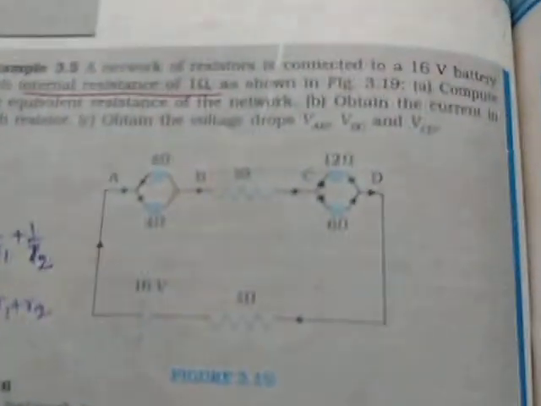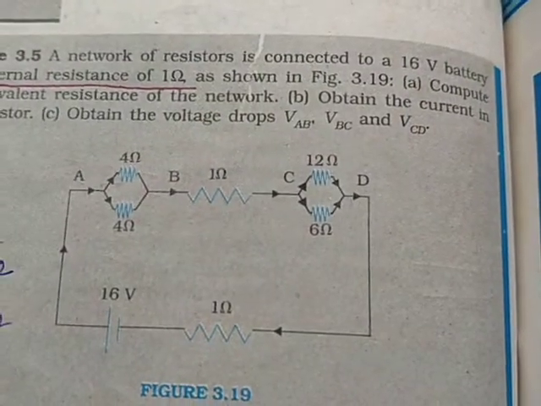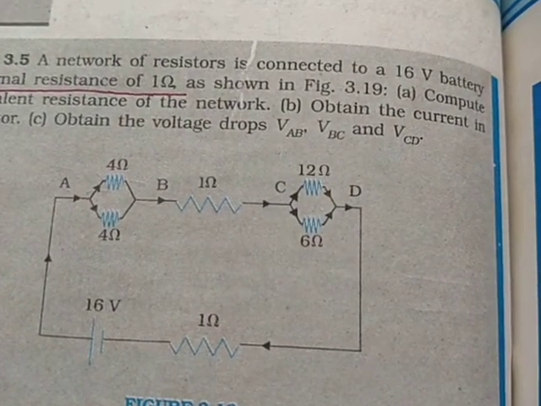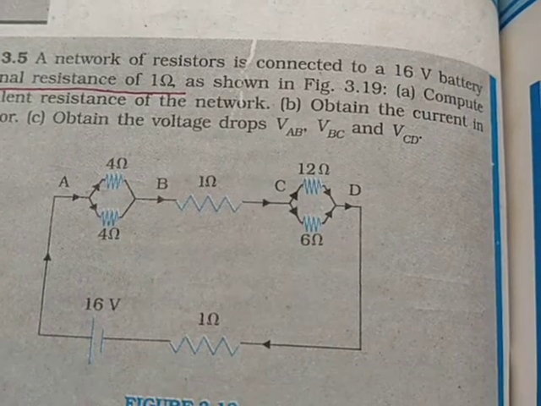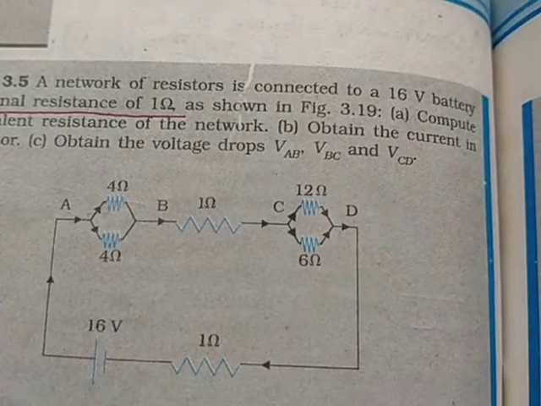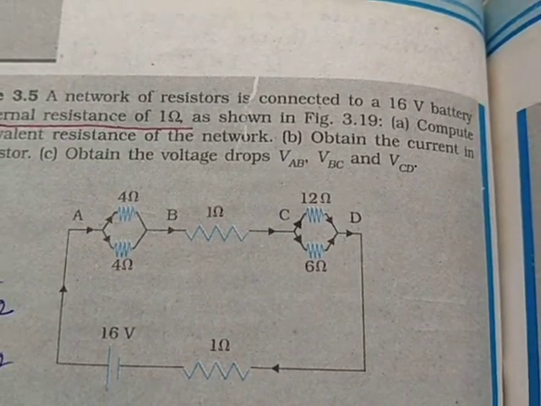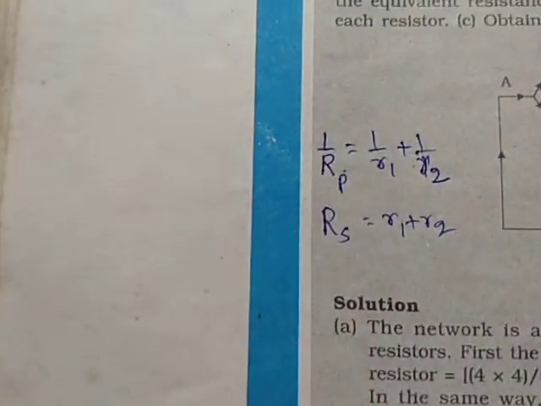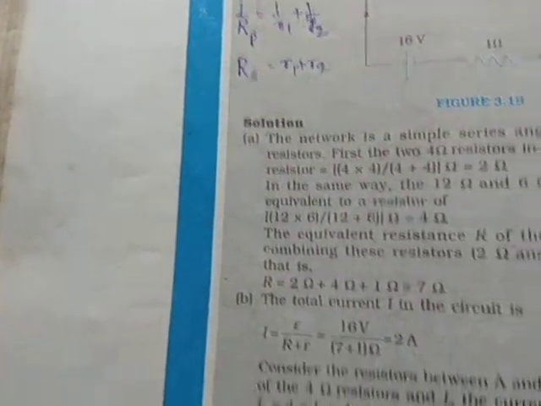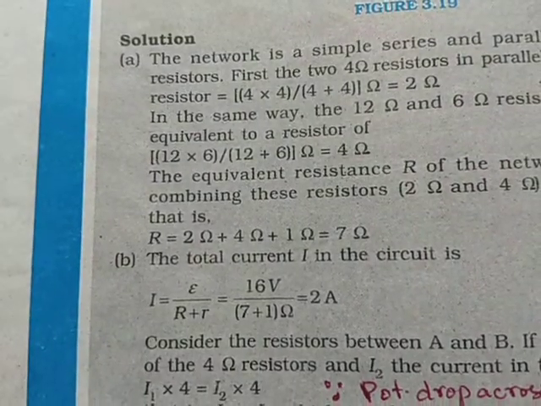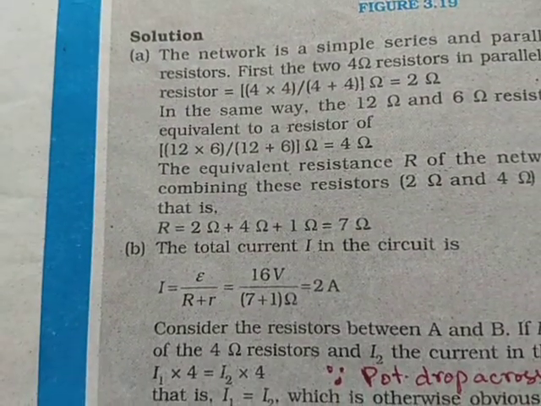and then we find the equivalent resistance of the two parallel resistances 12 ohm and 6 ohm connected in parallel between the points C and D. In the same way we use the same relation, 1 by Rp is equal to 1 by R1 plus 1 by R2, and then find the value of the equivalent resistance of the parallel combination.